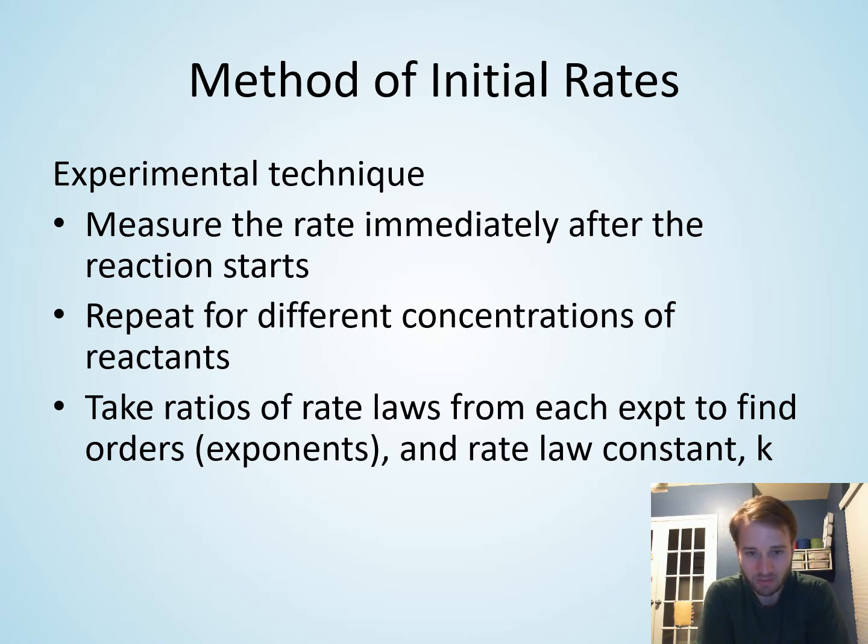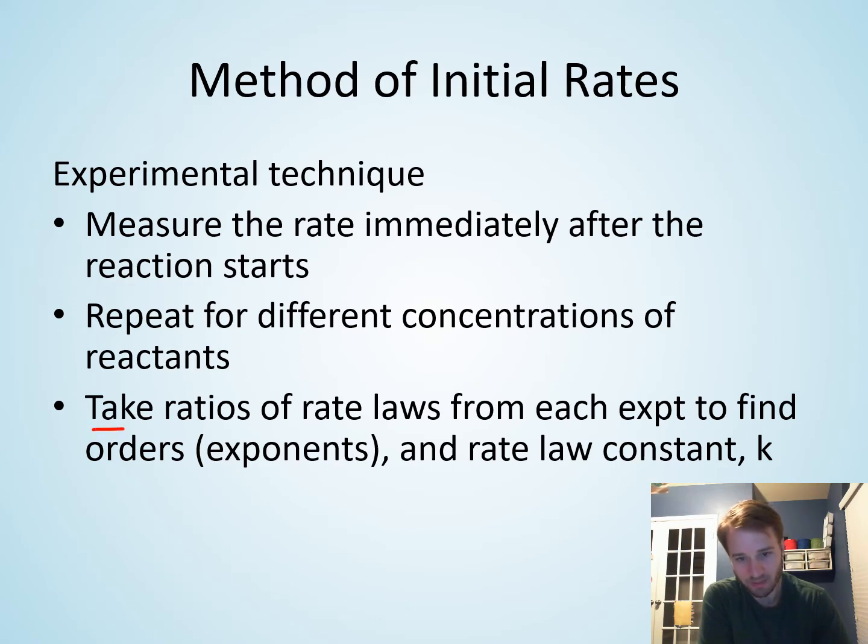In this technique, you measure the rate of your reaction right as it starts, and you do this type of measurement for a variety of different reaction conditions, mainly a variety of different concentrations. Once you do that, we can use the data from these different experiments to determine the rate law and the rate constant.